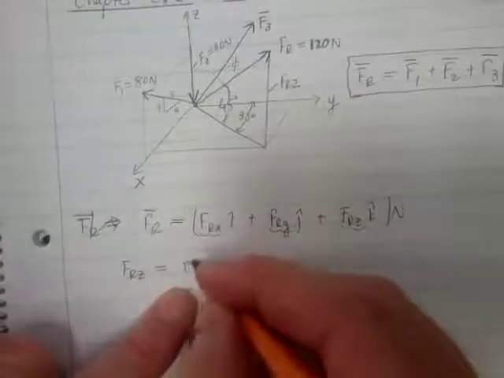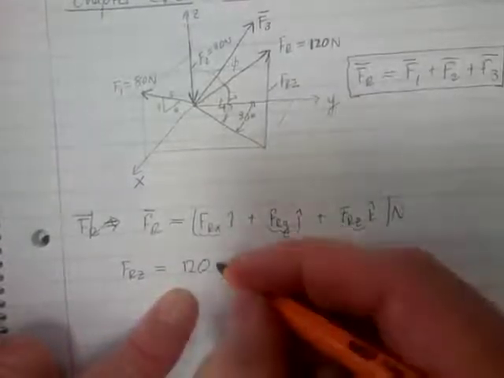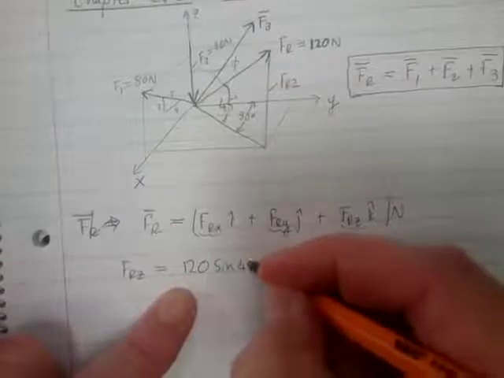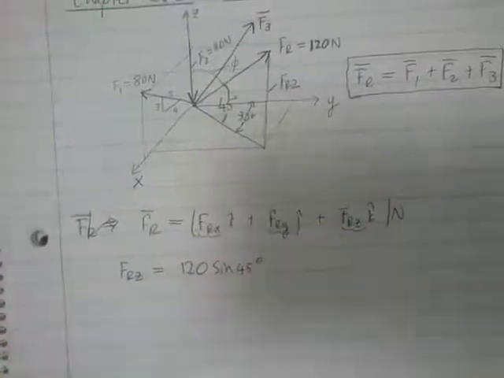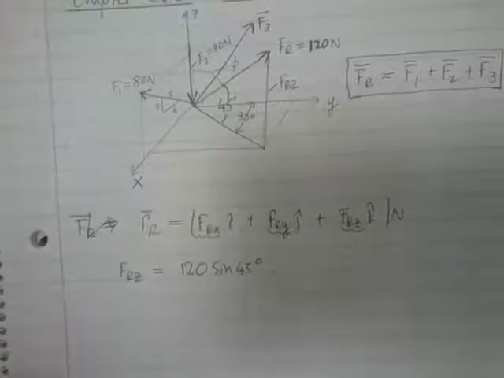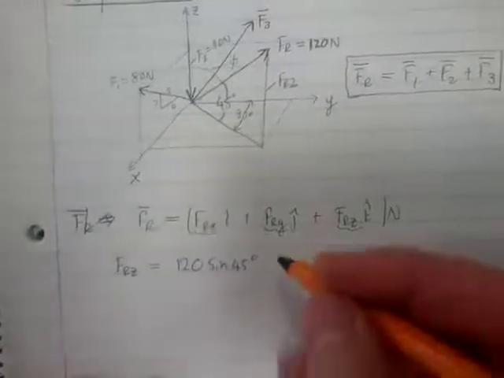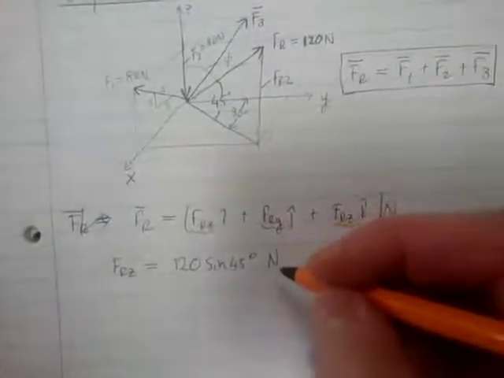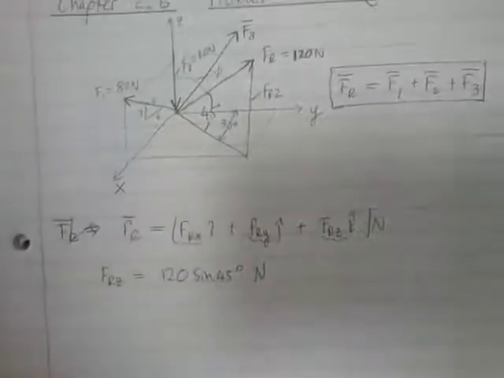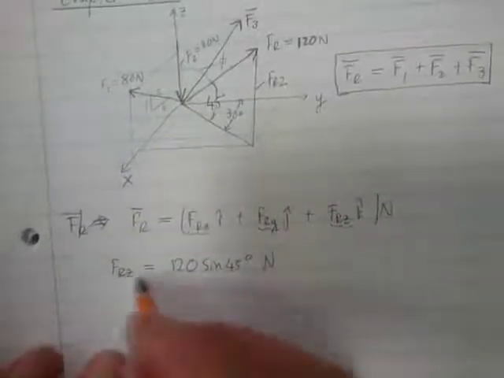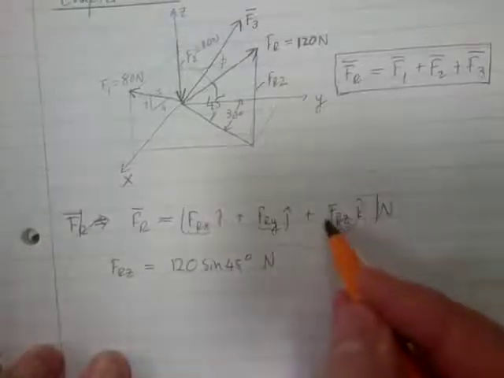That's going to be the magnitude, which is 120 sine of 45. So Frz is equal to 120 sine of 45 Newton. I just want to check with my notes if that's correct. Yes.